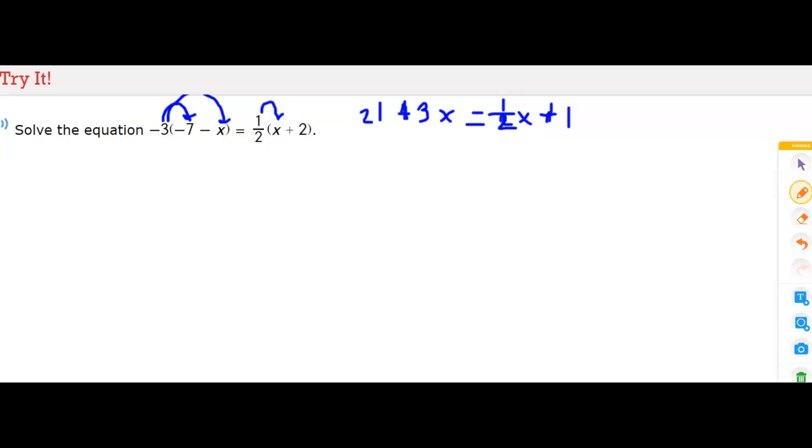And then we have to bring one or the other, excuse me, to the other side. So I am going to take the negative 1/2 x because it's positive 1/2 times x. So I'm going to bring it to the other side. So I'm going to subtract 1/2 times x from both sides of the equation. That cancels out, and I'm left with 21 plus 5/2 times x equals 1.